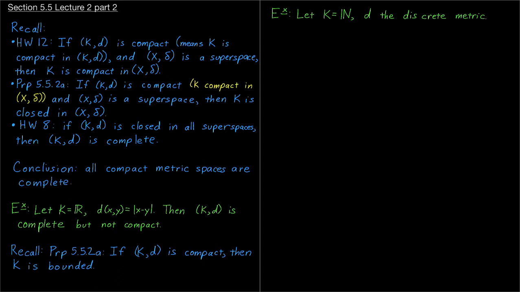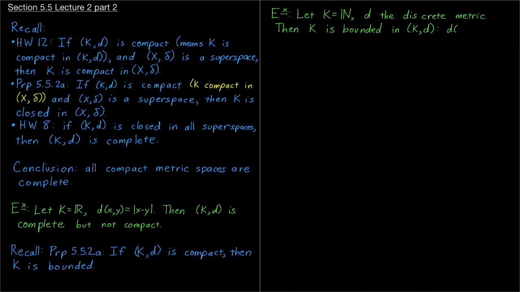And then K is bounded. In this metric space, it's not bounded under the usual metric. That's one of the strange things about the discrete metric.